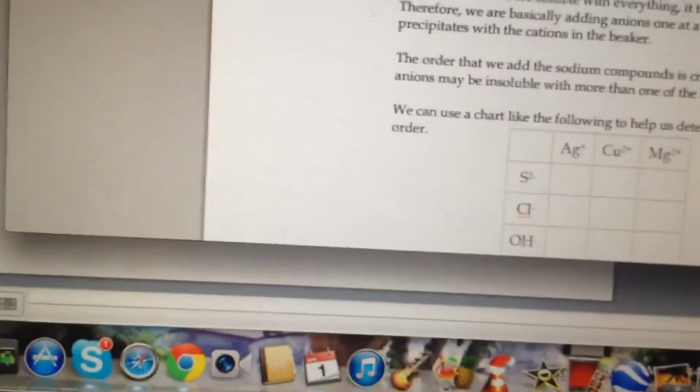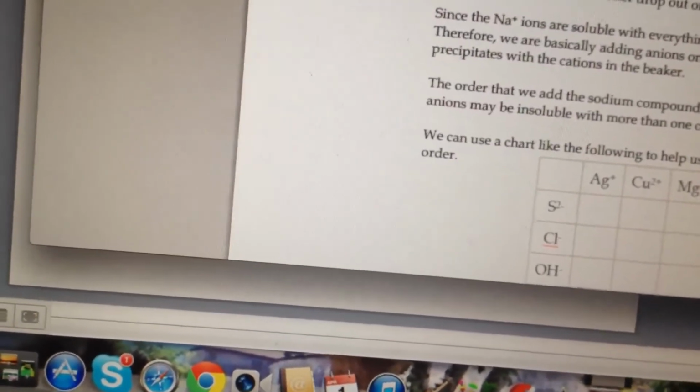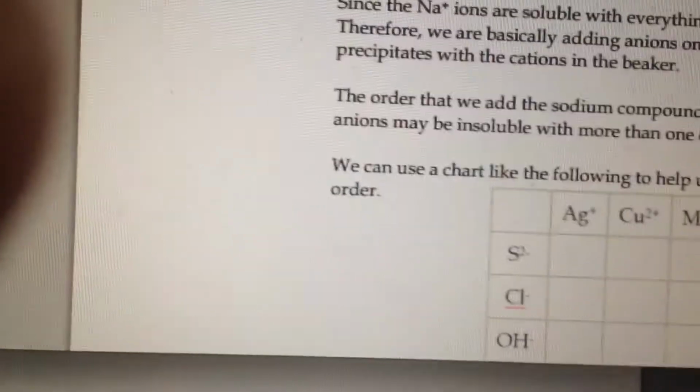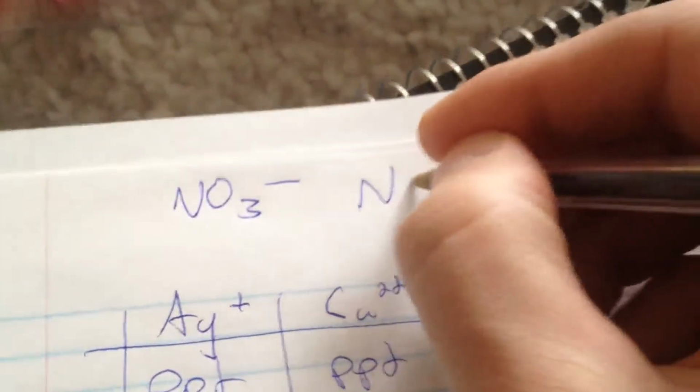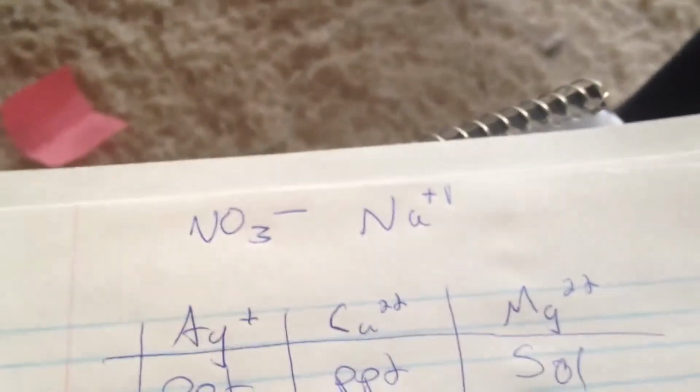We're going to put either sodium sulfide, sodium chloride, or sodium hydroxide into the beaker. Because the sodium is soluble with everything, it won't make a precipitate. So if we put sodium into here, it's just going to sit outside like so and be a spectator ion as well.